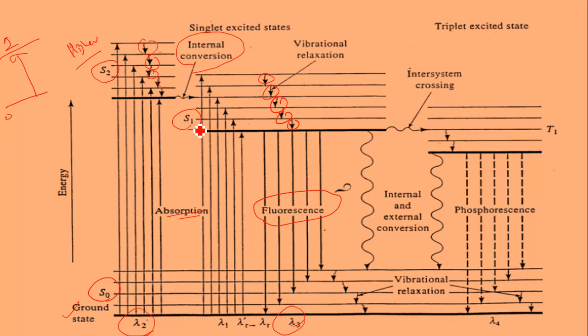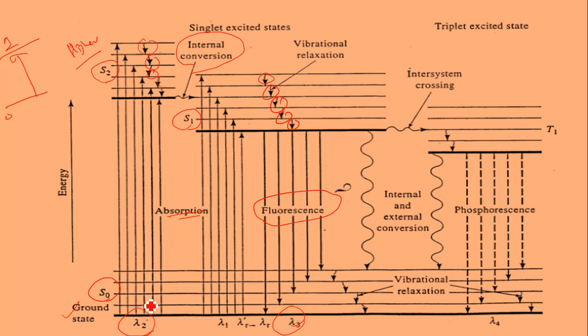The singlet S1, this is also a singlet, but this is the higher excited state, this is the lower excited state, and this is the ground state. Both are S1 and S2, so the multiplicity is not changed. Multiplicity means singlet, doublet, triplet, whatever. So emission of photon without change in multiplicity is known as fluorescence.